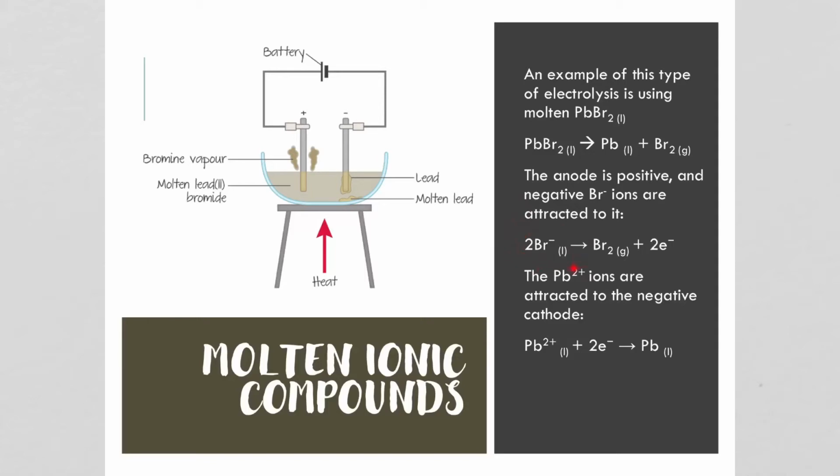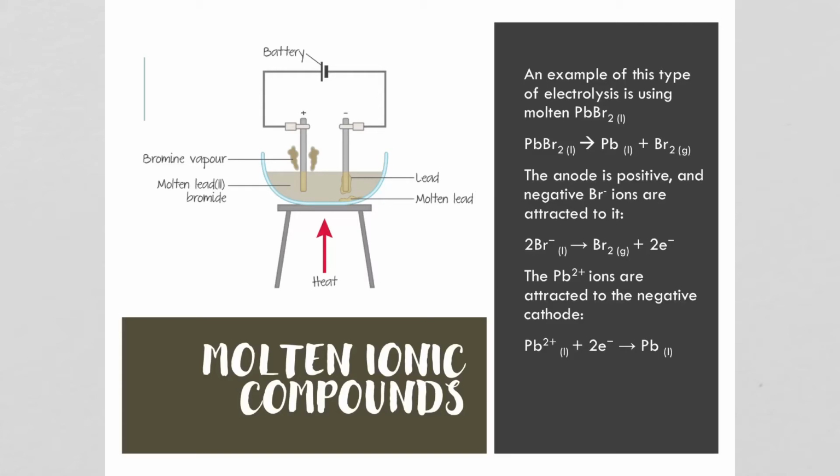The 2 bromide ions become bromine gas and 2 electrons, so the vapor will escape. Then the lead 2+ ions are attracted to the negative cathode, and Pb2+ plus 2 electrons makes lead, so you have your liquefied lead arriving there.